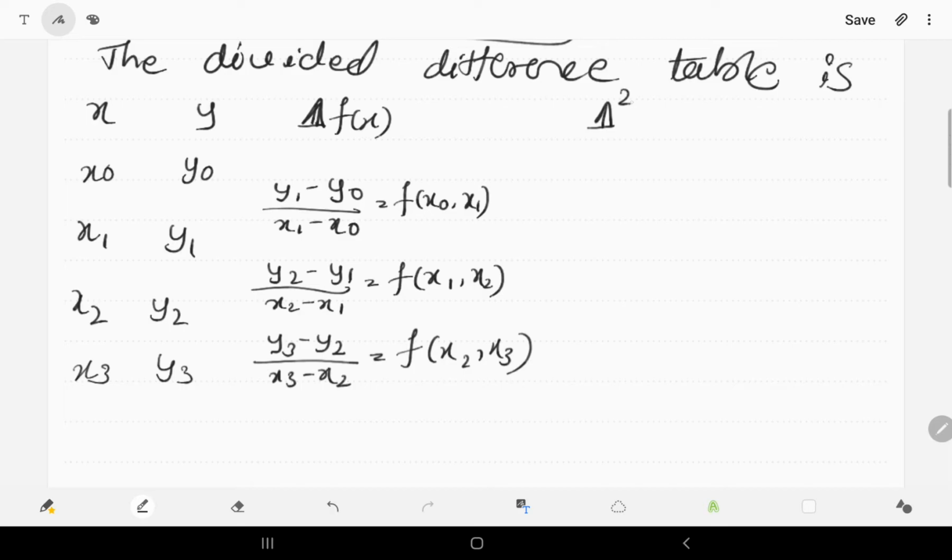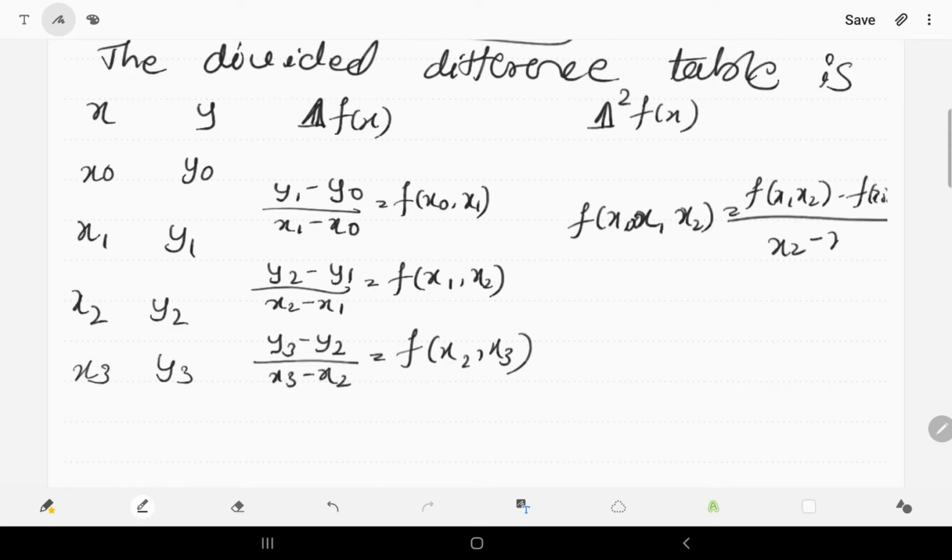The second divided difference is denoted as f of x0, x1, x2, which is equal to f of x1, x2 minus f of x0, x1 divided by x2 minus x0. And f of x1, x2, x3 is equal to f of x2, x3 minus f of x1, x2 divided by x3 minus x1.